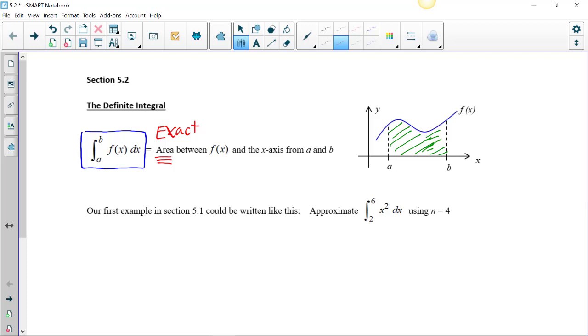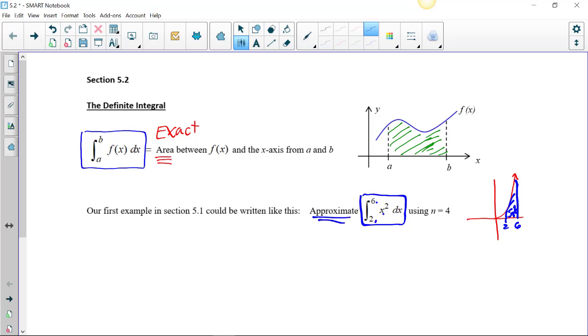Okay, so in our last video in section 5.1, our very first example was to approximate, or we were looking at the area bounded by the graph of the function x squared on the interval from 2 to 6. If you remember that, we were finding that area. Okay, so if we want that exact area, then we would say it's the definite integral from 2 to 6 of the function x squared.